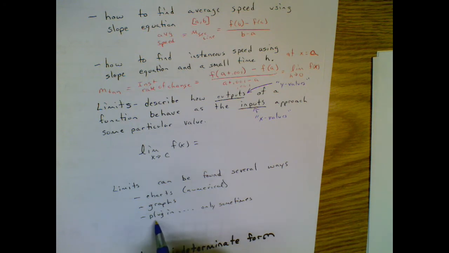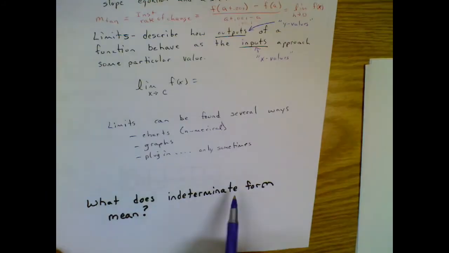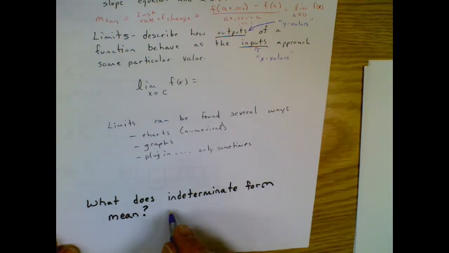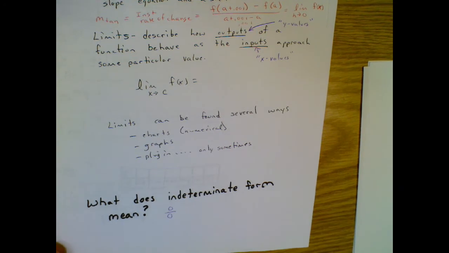If you have an equation, you can plug it in. And sometimes it will give you the limit. Sometimes it doesn't. The problem when you plug things in is that on occasion you might get what is called an indeterminate form. If you get 0 over 0, it's an indeterminate form.